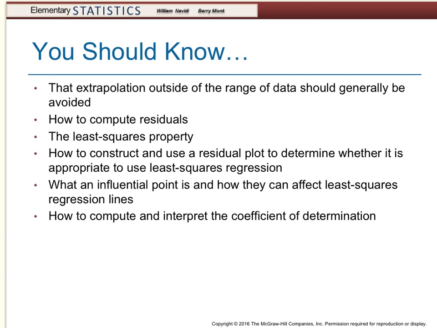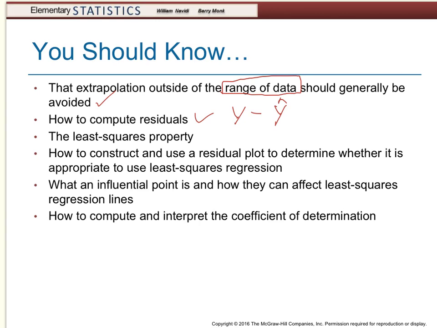So, in this chapter 4-3, you should know that to extrapolate outside the domain and range of the data should be avoided. You found out how to compute residuals, which is y minus y hat.